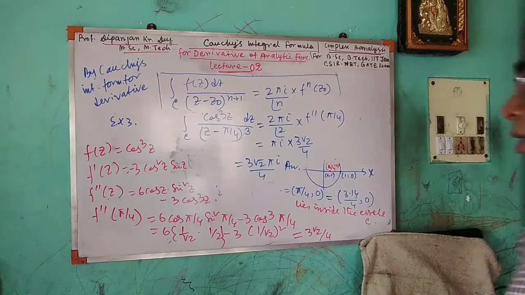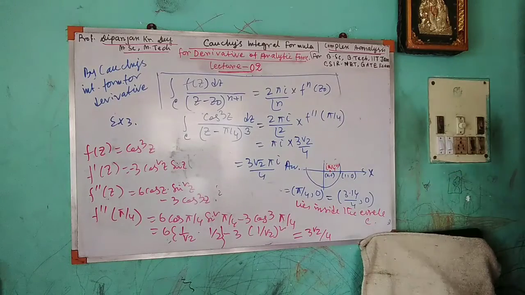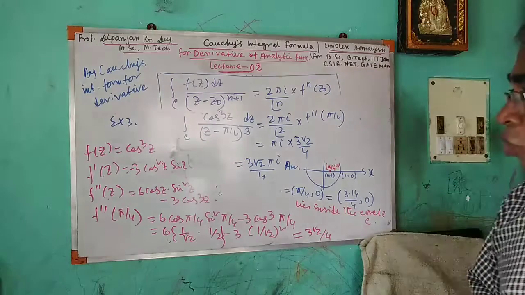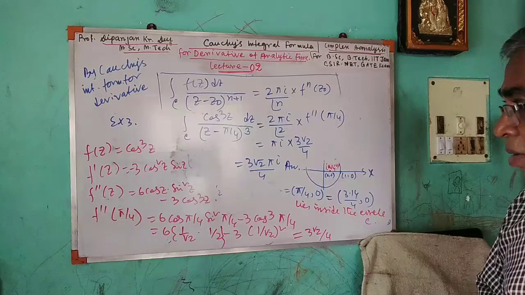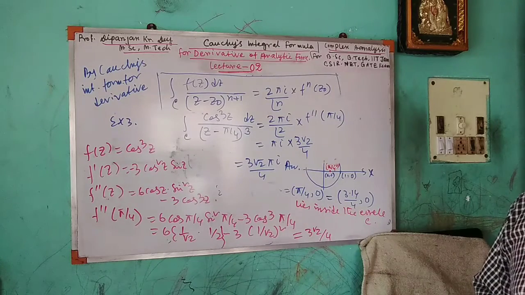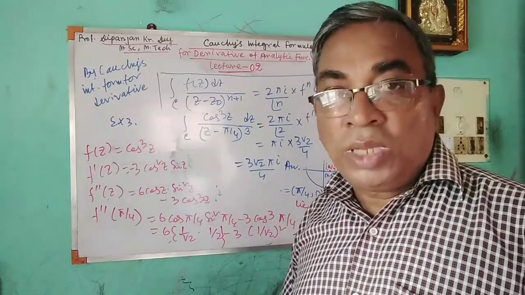Very easy. So what will you do first? To solve the sum, you have to draw a closed curve. Then after getting the closed curve, you have to find the singular point. Then you have to check whether this singular point lies inside the closed curve or outside the closed curve.